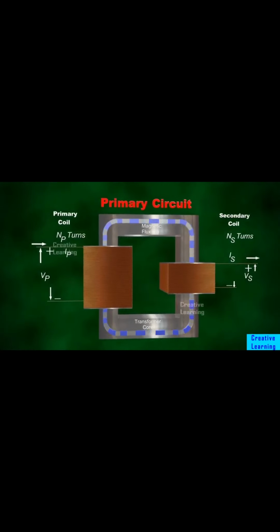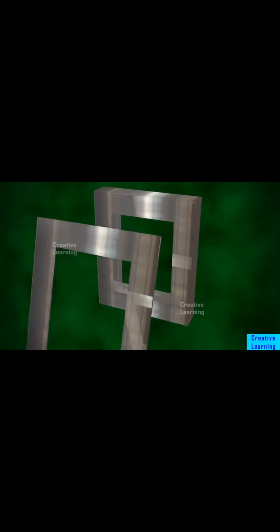Primary circuit. The primary circuit is connected to the input energy source. The current, potential difference and coil in the primary circuit are called the primary current Ip. Core. Transformer consists of a rectangular soft iron core made of laminated sheets.